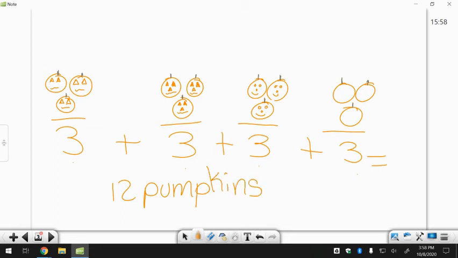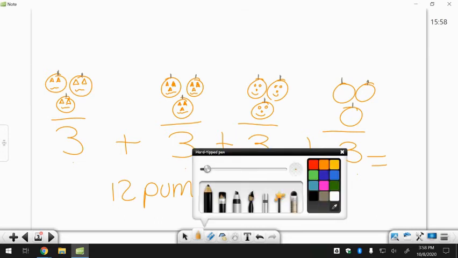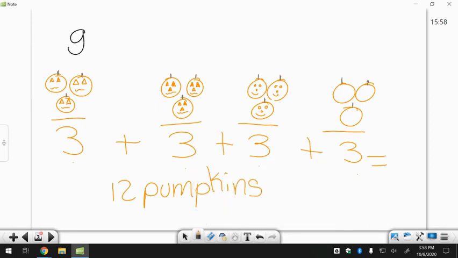Now, I want to pause here for a second because I just said 2 very, very important words. One of those words was groups, and the other was group sizes. So I have my groups and I have my group sizes. Looking at this picture, how many groups did we say we had?